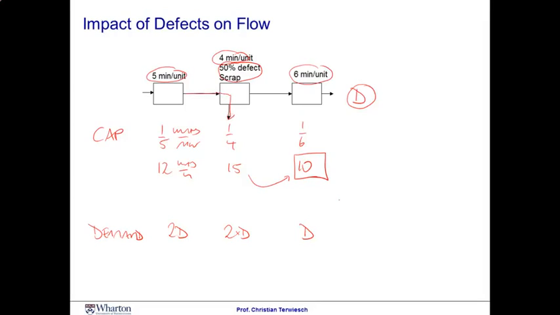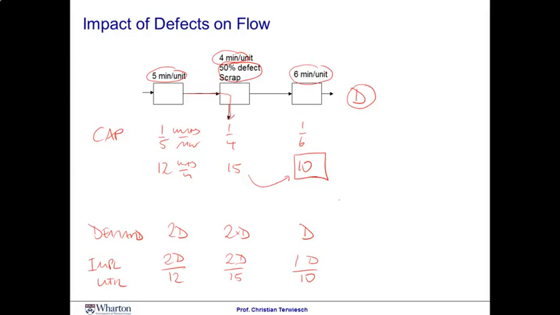If I now look at the demand relative to capacity, which we back then referred to as the implied utilization, I actually can find the bottleneck. 2D divided by 12, 2D divided by 15, 1D divided by 10.